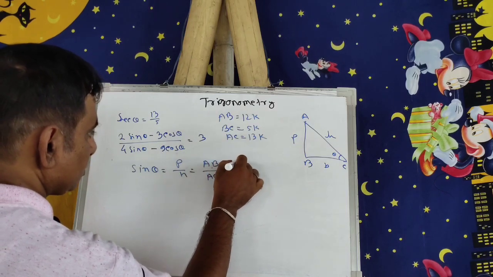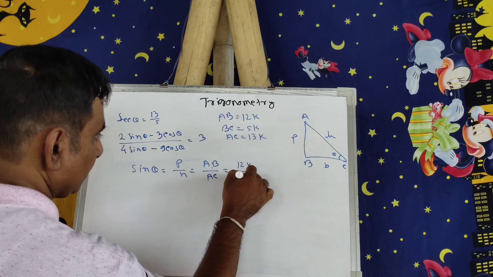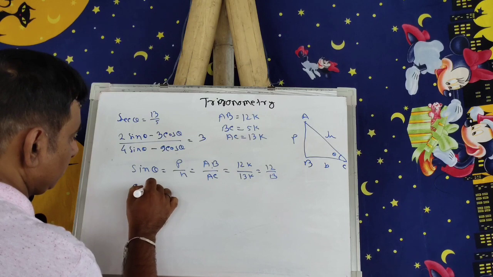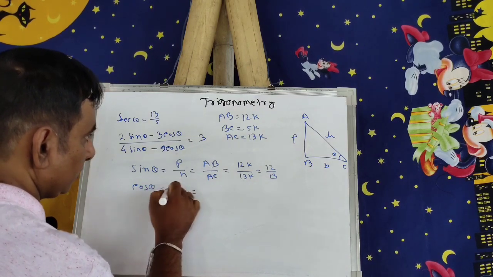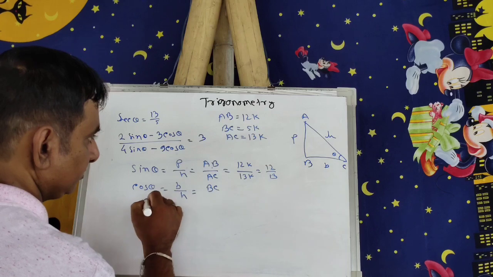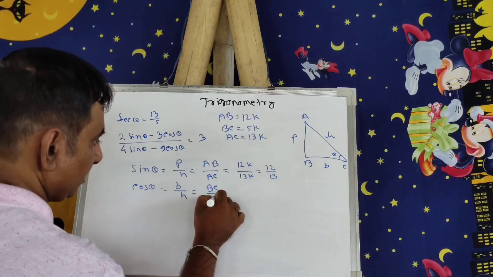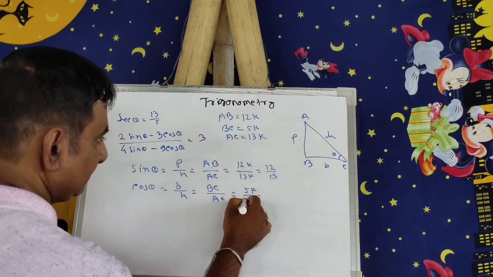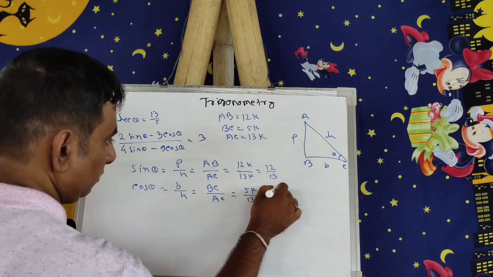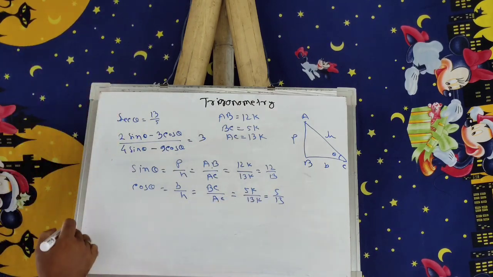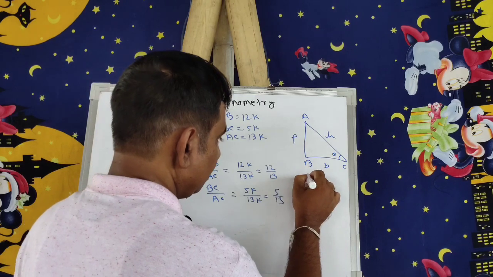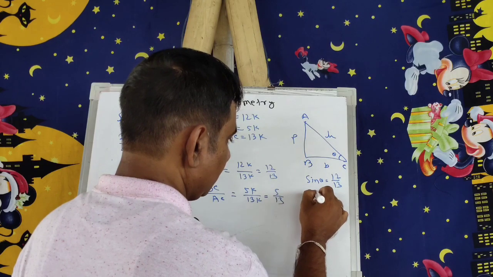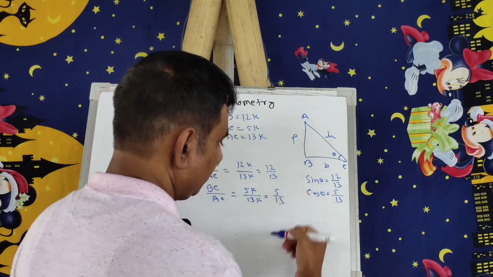So, AB is 12K by AC means 13K equal to 12 by 13, and cos theta equal to B by H equal to BC by AC is equal to 5K by 13K equal to 5 by 13. Okay. So, this is done. Sin theta equal to 12 by 13 and cos theta equal to 5 by 13.